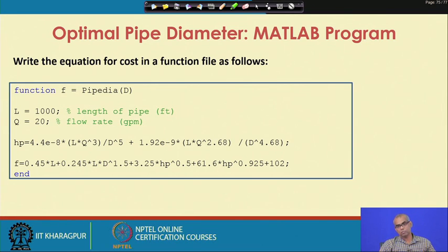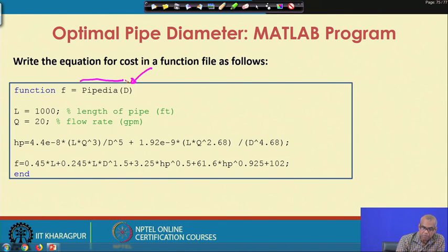So, to solve, let us first write the equation for the cost in a function file. So, let us write down the function file. I define a function called pipe dia. So, function f equal to pipe dia, argument is d.